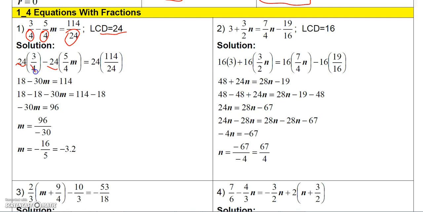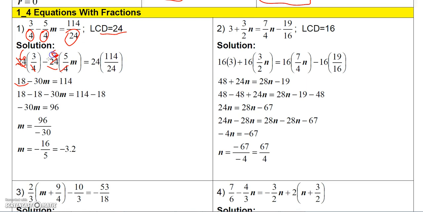I know that 4 will go into 24 in the numerator 6 times, and then 6 times 3 is 18. And then I do the same thing here. 4 will go into 24 6 times.